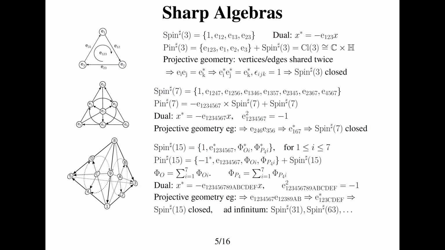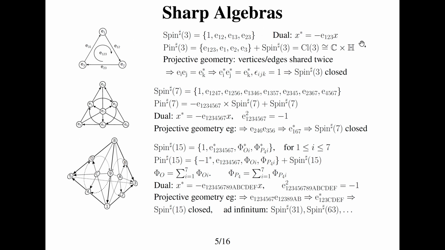And we can use the perspective geometry that we looked at before to actually define subalgebras of the spin group. These particular algebras, the simplices, are special because they have commuting pseudoscalars that also square to -1, so they're imaginary.